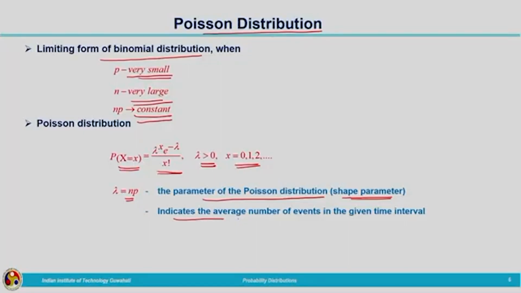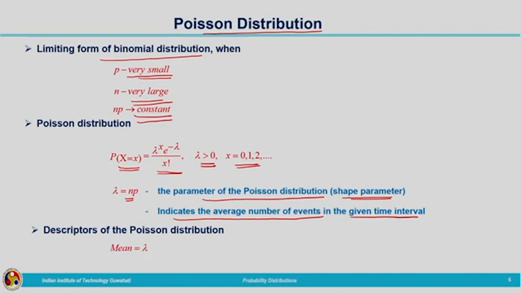This indicates the average number of events in the given time interval. A certain time interval is considered. Within that interval, the average number of events is the value lambda equal to NP.